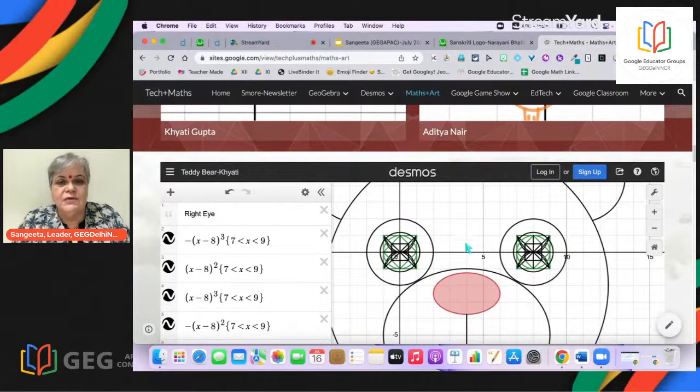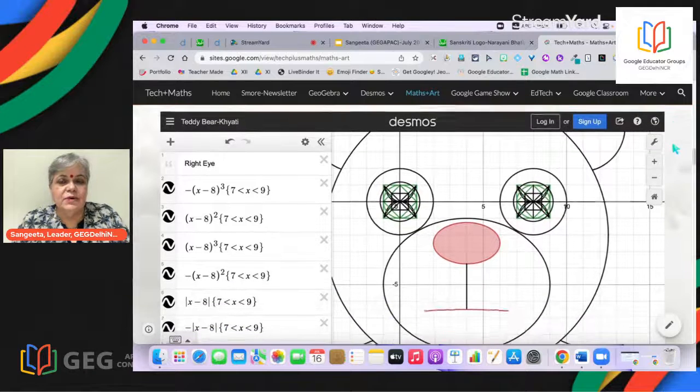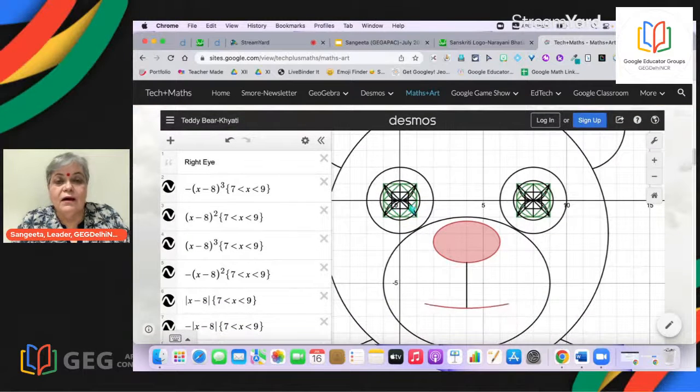If you're looking closely at the eye of this, you are able to see the possibility of how many curves would be involved. Now, what does that do as far as the student's understanding of maths goes? The child is exploring, it's not just guessing. The child is exploring, thinking about what kind of a function, and then what should be the restrictions on x and y.